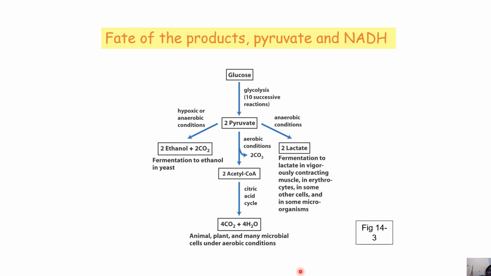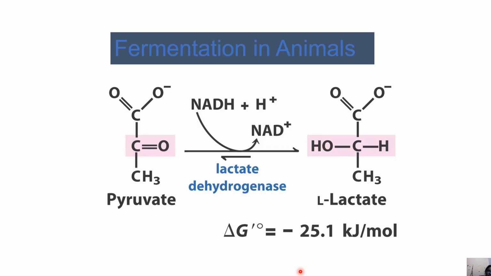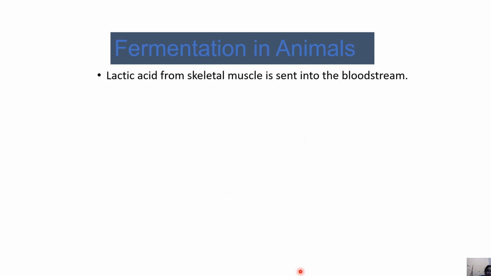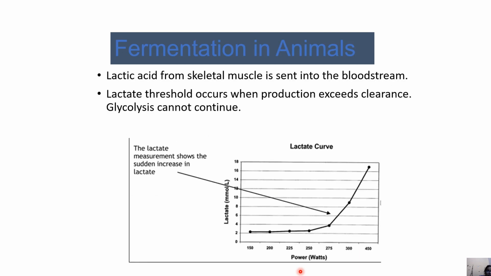Under aerobic conditions it gives rise to acetyl CoA with the release of 2 carbon dioxide for the citric acid cycle, in animal, plant, and many microbial cells. So this is fermentation in animals. Lactic acid from skeletal muscle is sent into the bloodstream, and the lactate threshold occurs when production exceeds clearance, so glycolysis cannot continue.